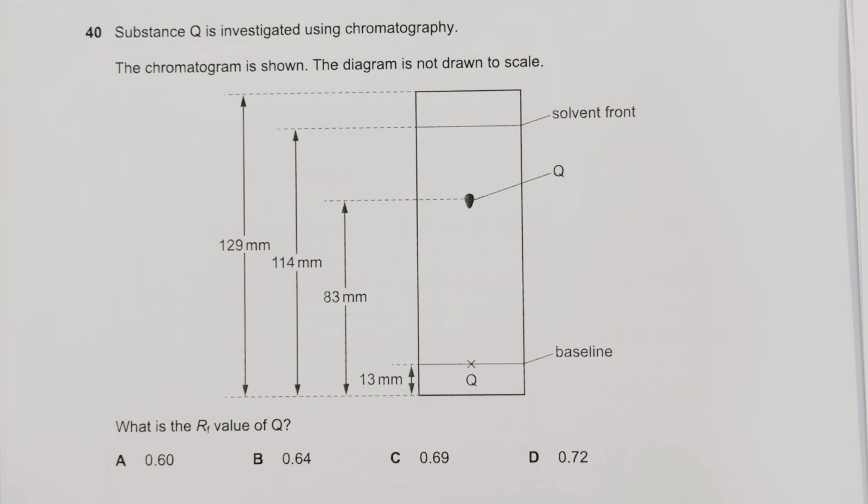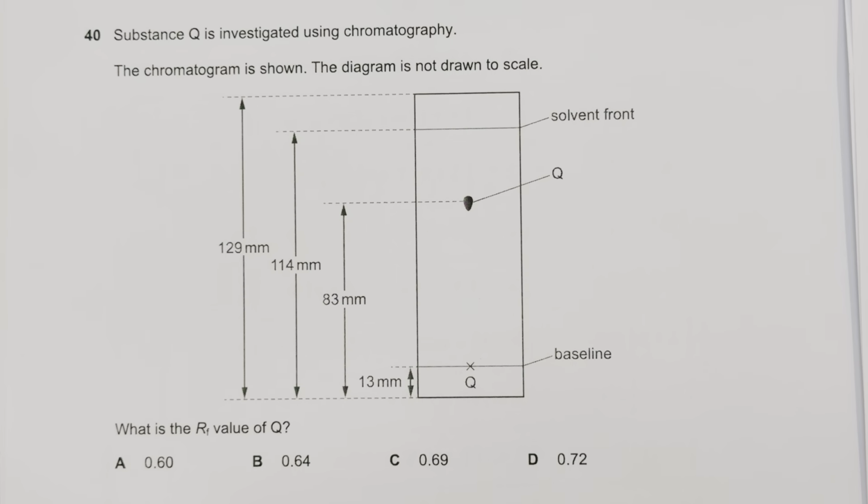Substance Q is investigated using chromatography. The chromatogram is shown. The diagram is not drawn to scale, but we have been provided with all the measurements for calculating the value of RF.